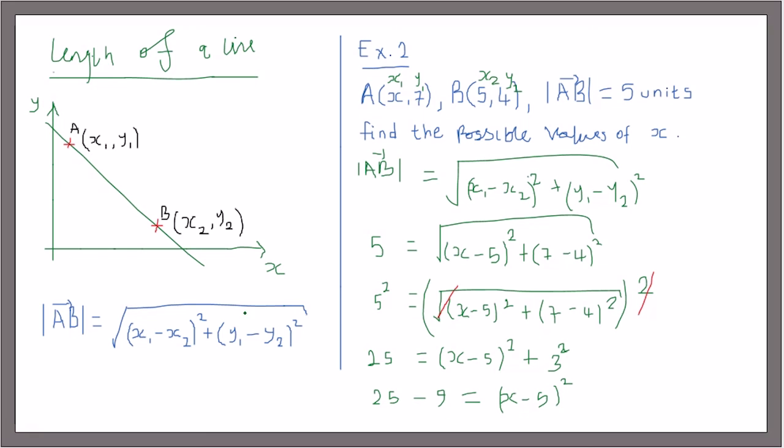Right, let's continue. So on the left hand side we have 25 minus 9, which is equal to x minus 5 squared.